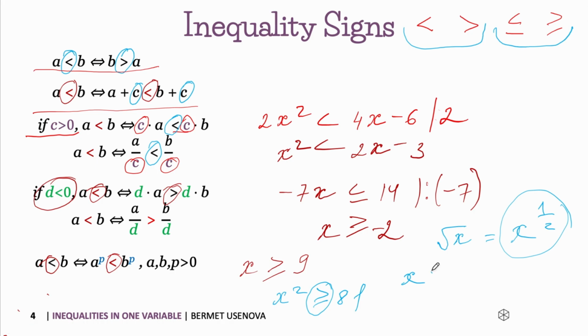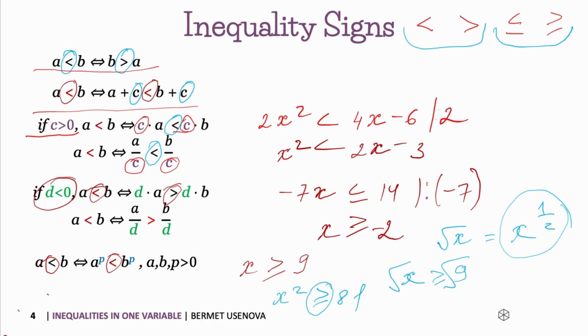So we had an inequality x greater than or equal to 9. If we take the square root of both these parts, square root here and here, the sign will not change. So these are the rules. These rules will be applied to simplify or to find solution sets of inequalities.